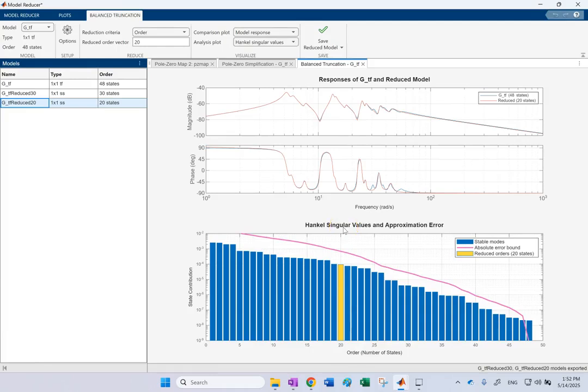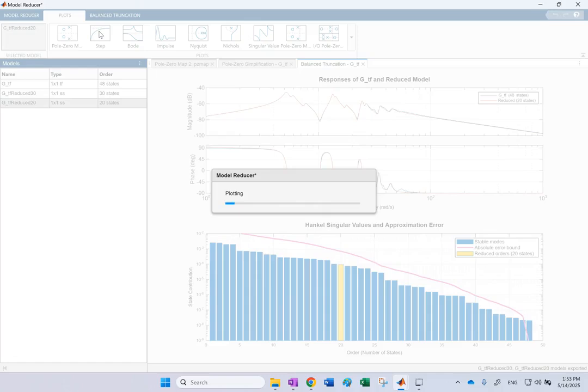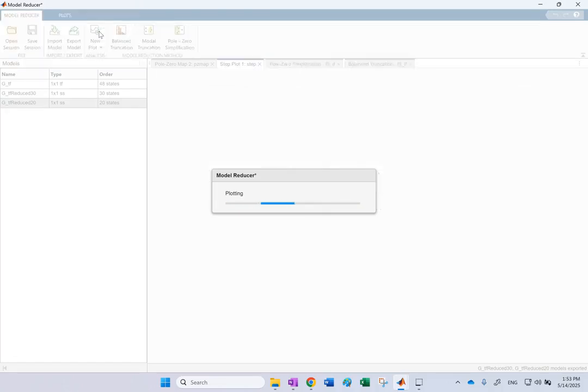Do you see? So this is really a powerful method, and I can go to the plots now, right? I can look at any plot that I want. So it shows the Bode plot, but for instance, if I want to look at the step plot, I can also look at the step plot.